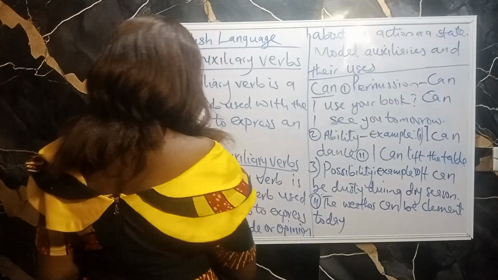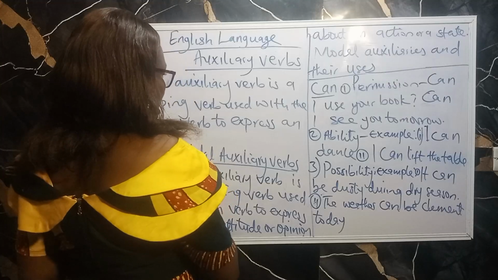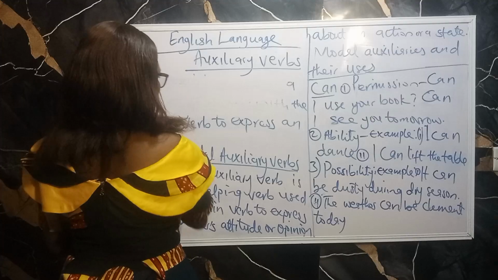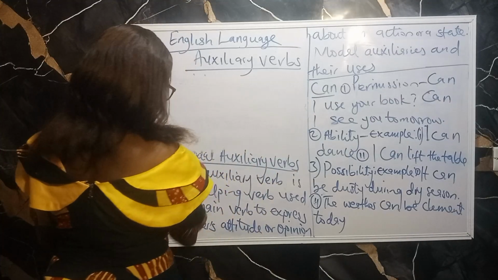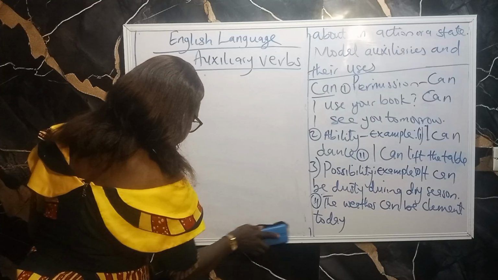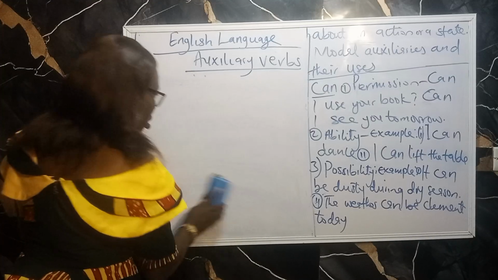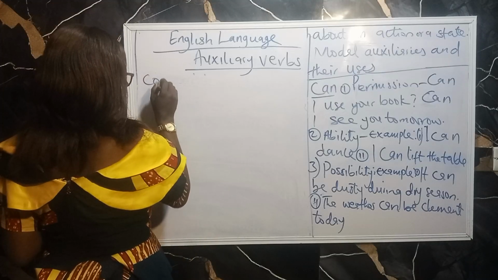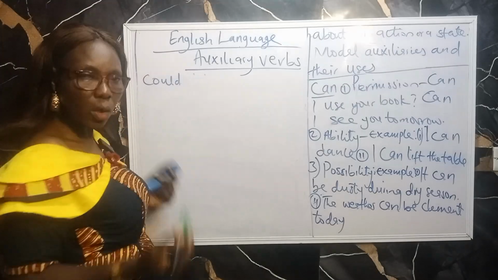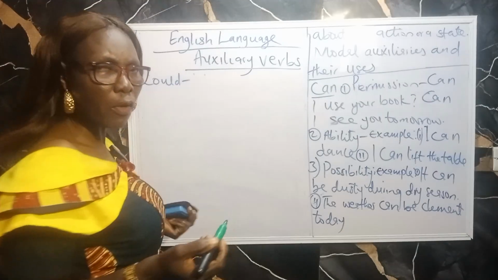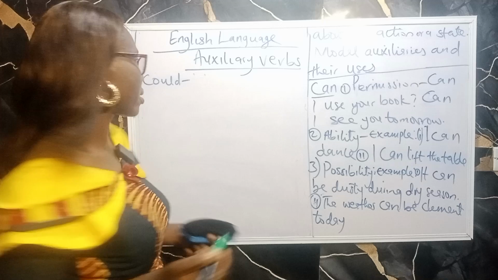Let's look at other modal auxiliaries such as could. Could. Could can be used for past ability.